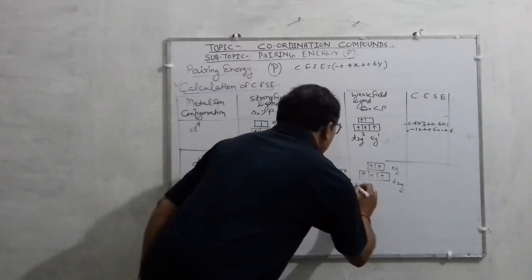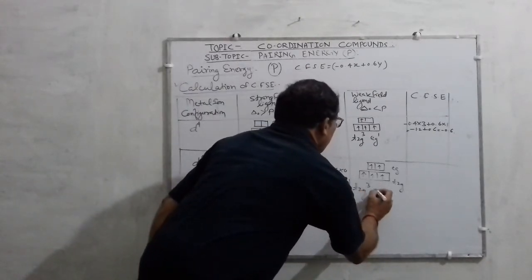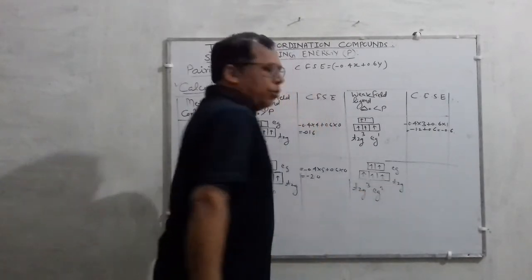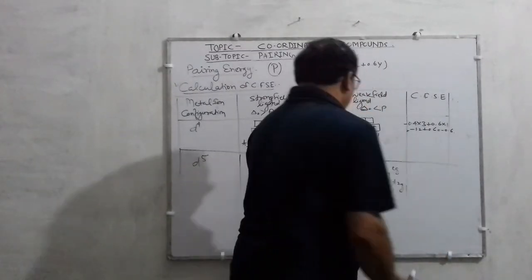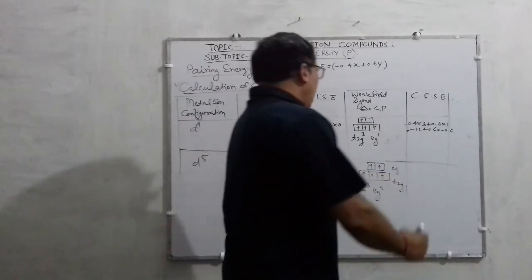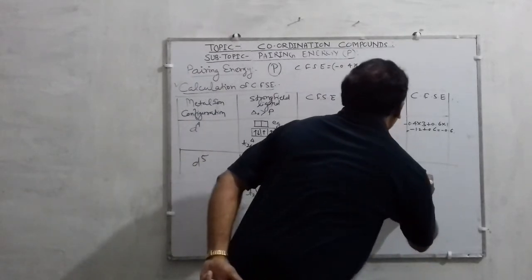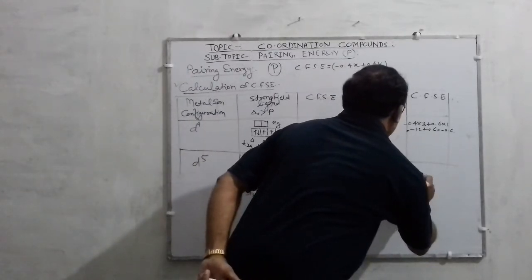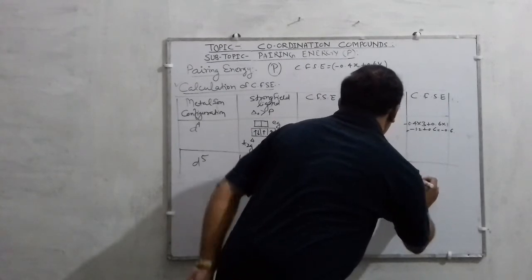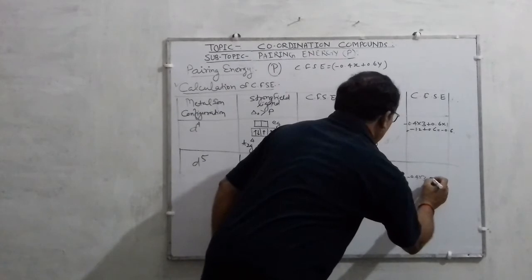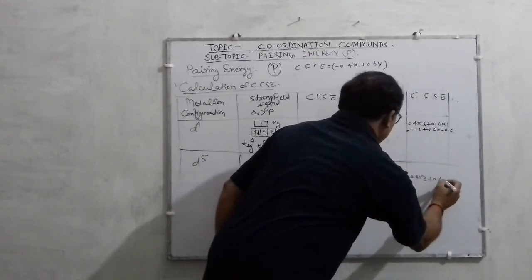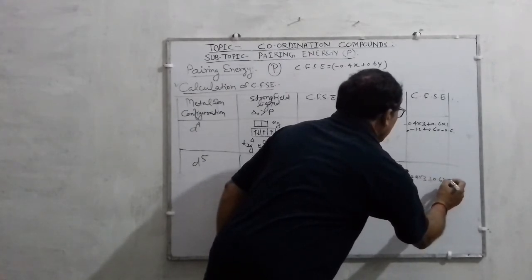So the configuration becomes t2g3 and eg2, and its CFSE for weak field will be calculated as minus 0.4 into 3, plus 0.6 into 2.